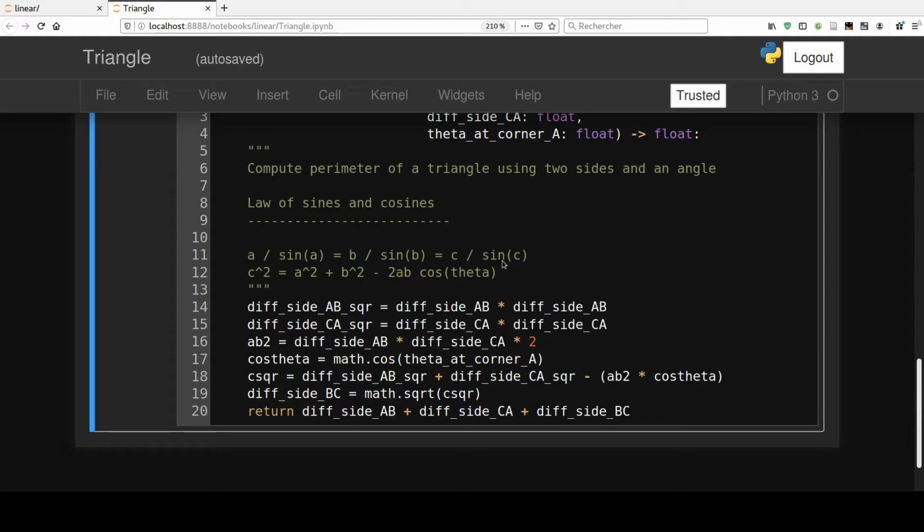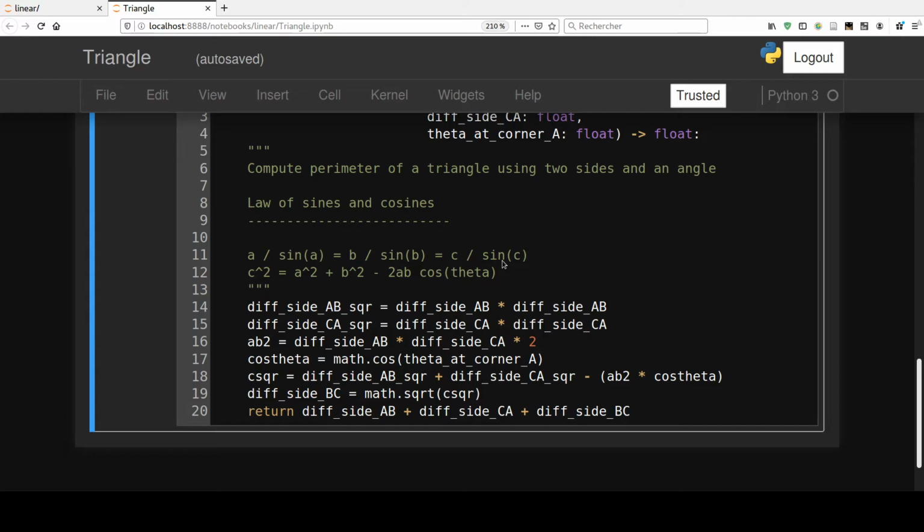BH is basically the length of the base of the triangle times the height of the triangle, that is the distance between the base and the opposing corner, times 1/2.